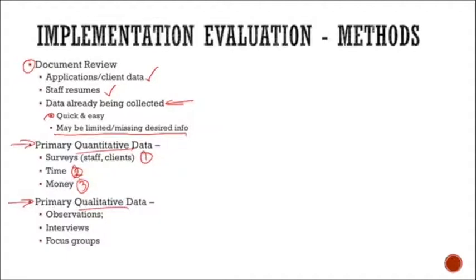Lastly, the primary qualitative data section. This is obviously the non-numerical elements, right? So we've got anything that's numbers up top, and then our non-numerical elements in our qualitative data. Observational data is very useful qualitative information, and this just comes from whoever the evaluator is or members of the research team being actively involved in watching what's going on and recording these things to make sure that we have some data and some information.